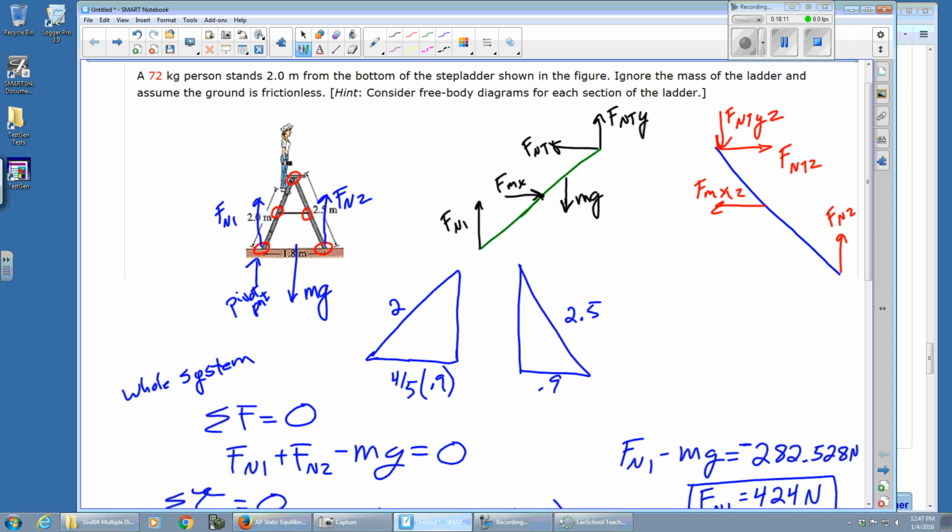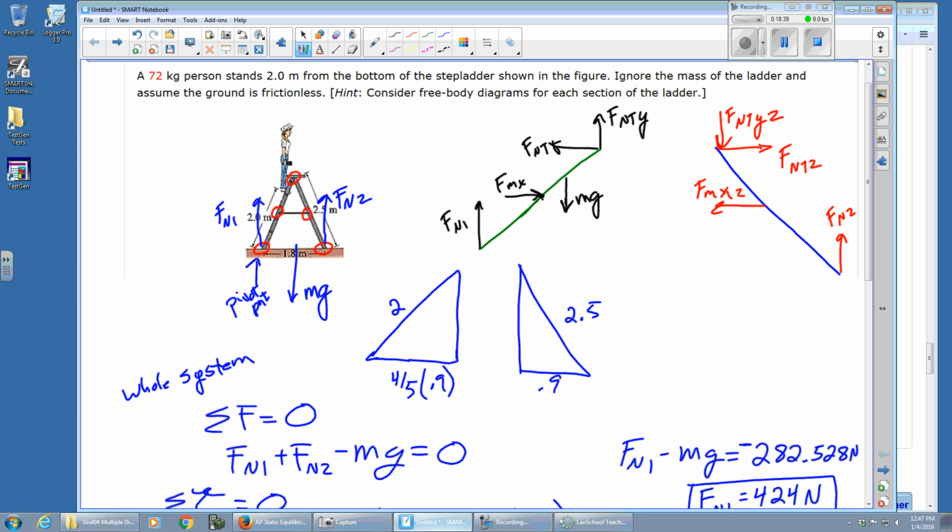So I'm going to look at my torques about the center point here. And so I need to say, okay, well, I can either take the part of my force that is perpendicular to the lever arm, or I can take the part of the lever arm that's perpendicular to the force to get my torques.